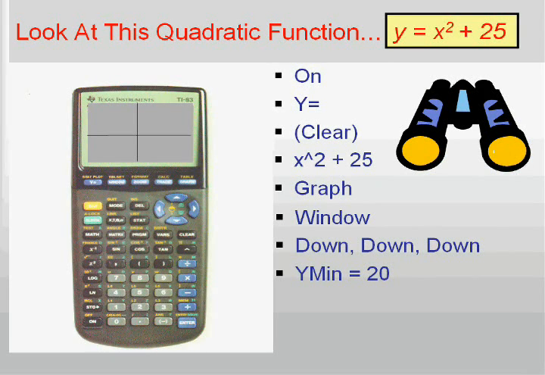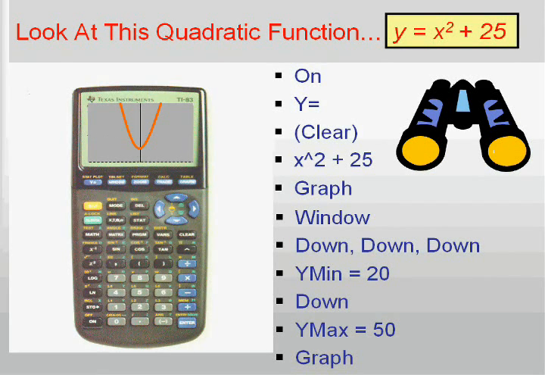We're going to change the Y minimum to 20, so the lowest number on the Y-axis is going to be 20. And then go down and change the Y maximum to 50. So we're going to be looking at this graph from 20 to 50. Then hit graph. Now you'll see the picture that you expected, a quadratic parabola.